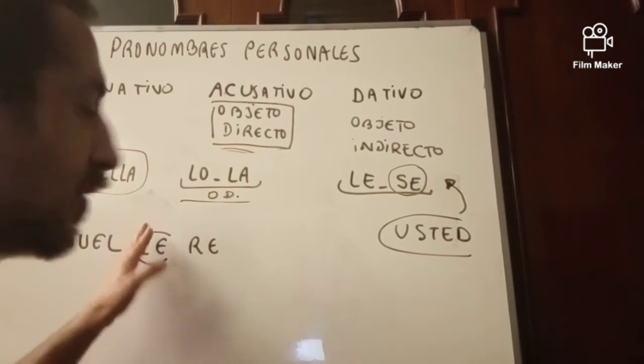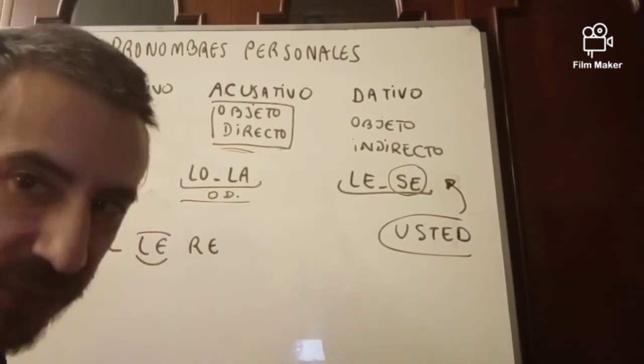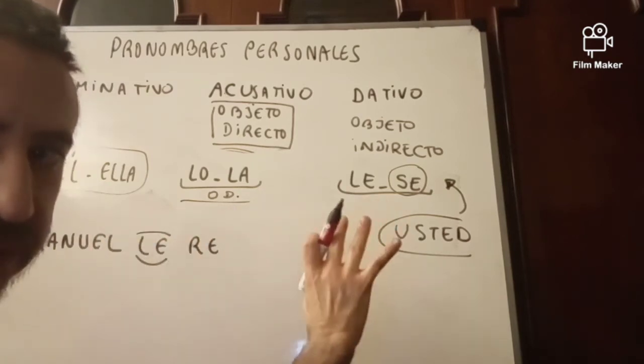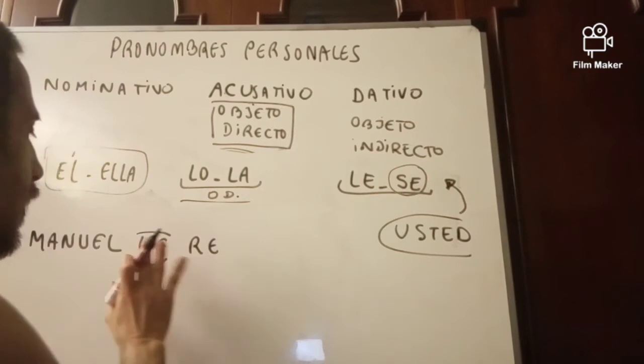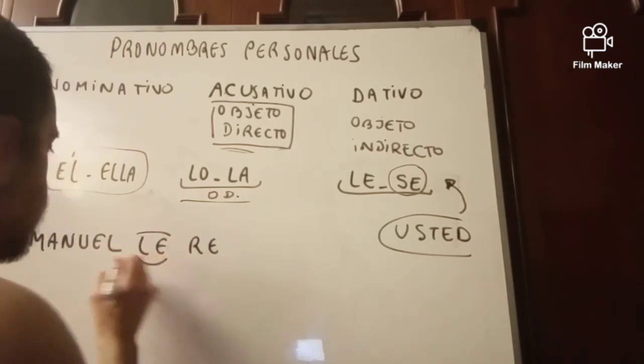We can not put it, but we usually do. That's why I put it here. We can say the whole sentence without this, but we more often use this.